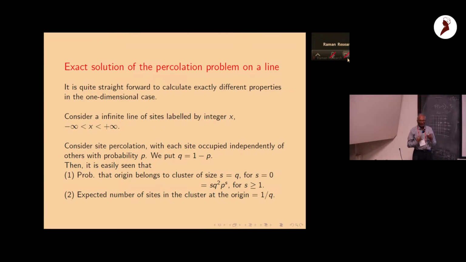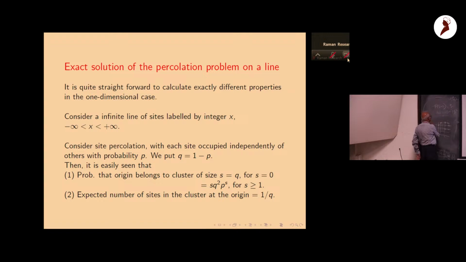Now, the site should be occupied, otherwise it doesn't work, but its neighbors should be empty. Otherwise it is not a cluster of size 1. Right? So the answer is PQ squared. It was not very hard to work out. What is the probability that the cluster has size 2?